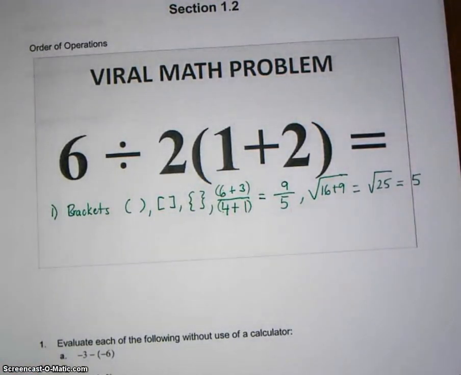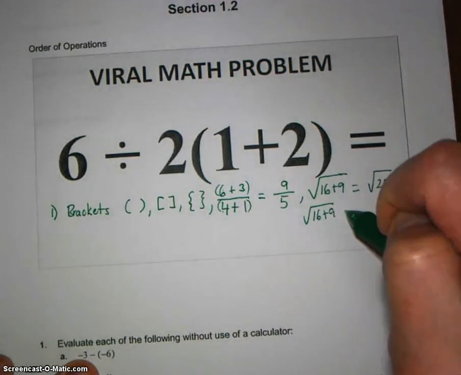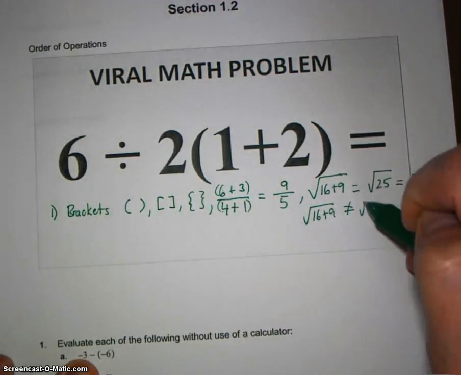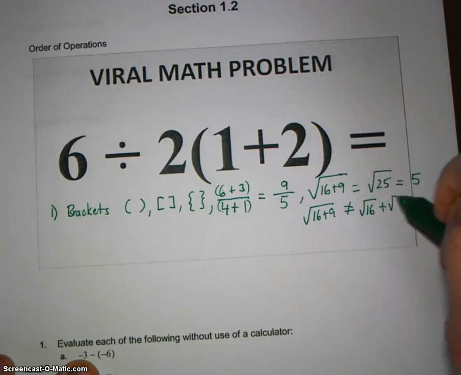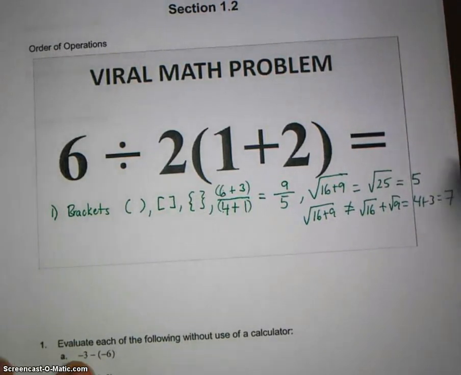Square root of 25 is 5. Notice that this is wrong. This is not the same as square root of 16 plus square root of 9, which is 4 plus 3, which is 7. All right. Square root is a kind of parenthesis. Not one that people usually think about, but it is a parenthesis.